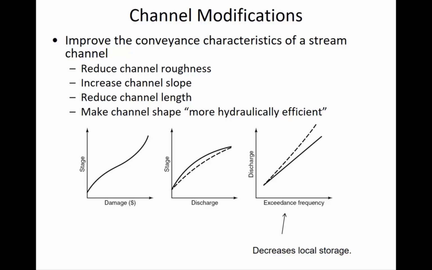It's kind of like increasing the peakiness of the channel because the water can move faster. So you're decreasing the local storage inside the stream. If you have a meandering stream, a greater volume of water is in the stream itself than if it's a straight line connecting two points. So you're storing less water in the channel, but the positive is that the depth is lower. That's the improvement that it makes.